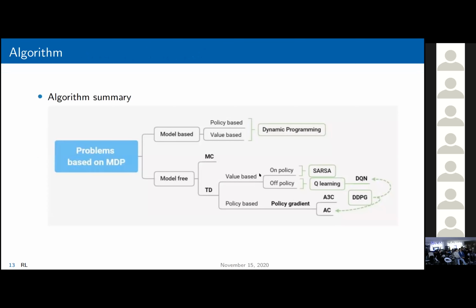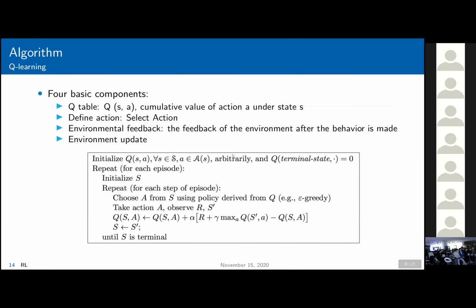Now we will consider the algorithm of Q-learning. Q-learning is a value-based algorithm in reinforcement learning. Q is the expectation of the benefits that can be obtained by taking action A in state S at a certain moment, and the environment will respond according to the action of the agent and return rewards.